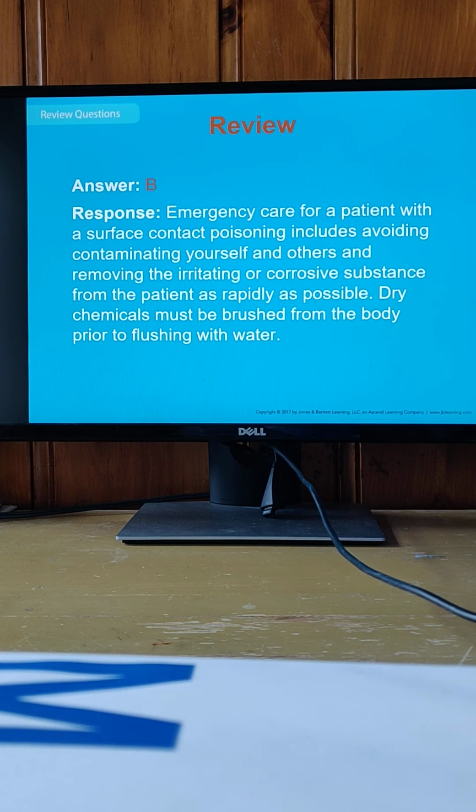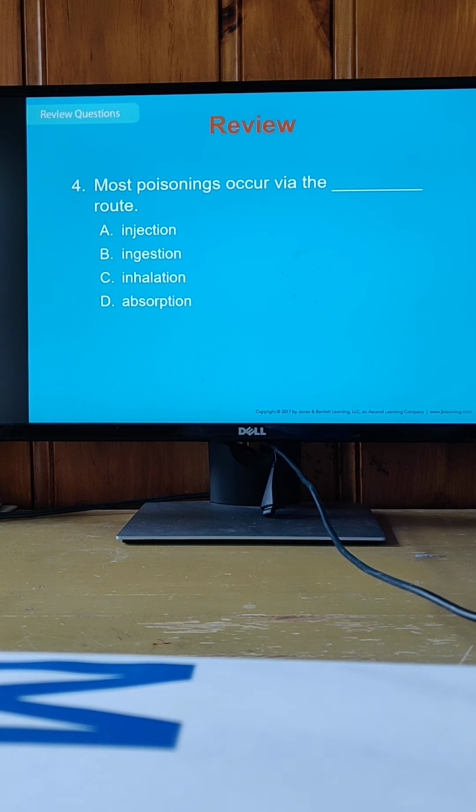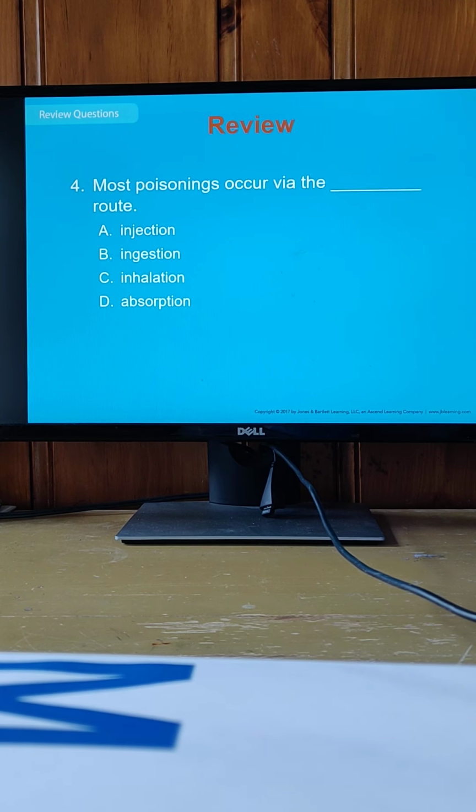Emergency care for a patient with a surface contact poison includes avoiding contaminating yourself and others and removing the irritating or corrosive substance from the patient as rapidly as possible. Dry chemicals must be brushed from the body prior to flushing with water. Number 4. Most poisons occur via the what? Injection, ingestion, inhalation, or absorption. Which one is it?